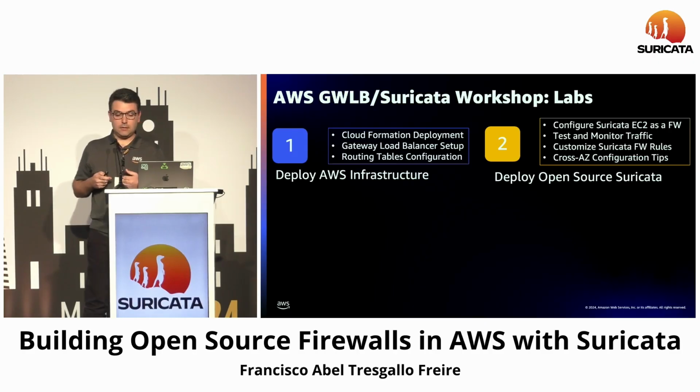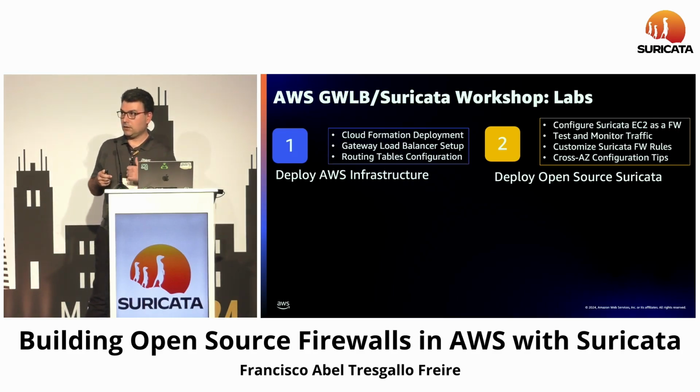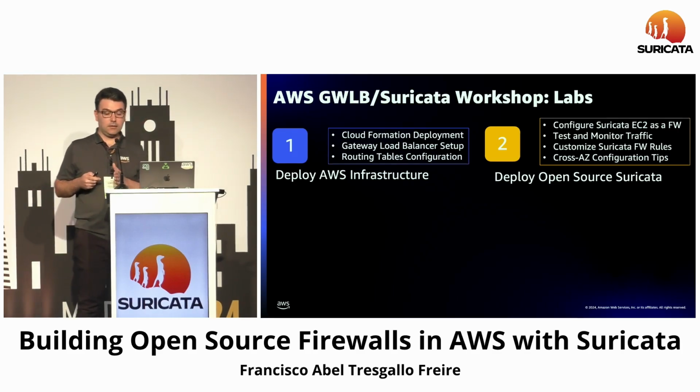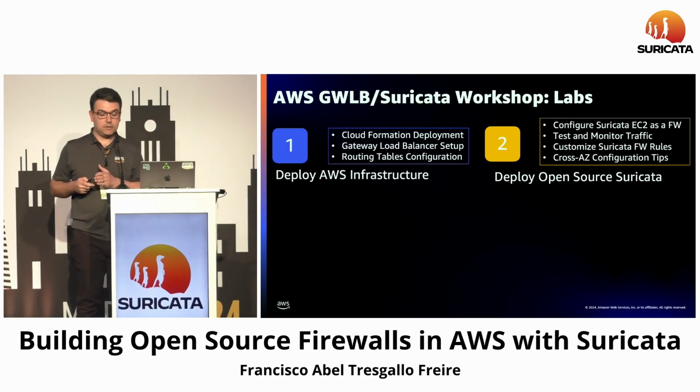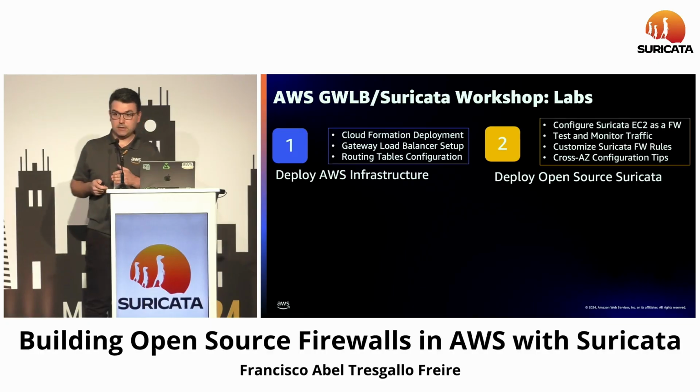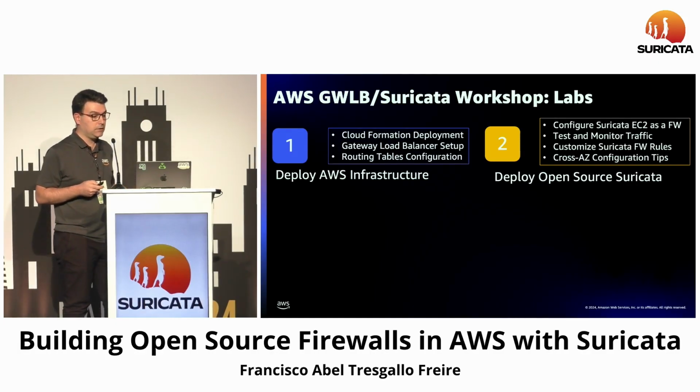Also, an interesting topic is the cross-availability zone problem. You are going to see how you need to take care of keeping symmetry for traffic that can potentially cross between different AZs, so that the inspection at the Suricata level is properly applied in both directions.